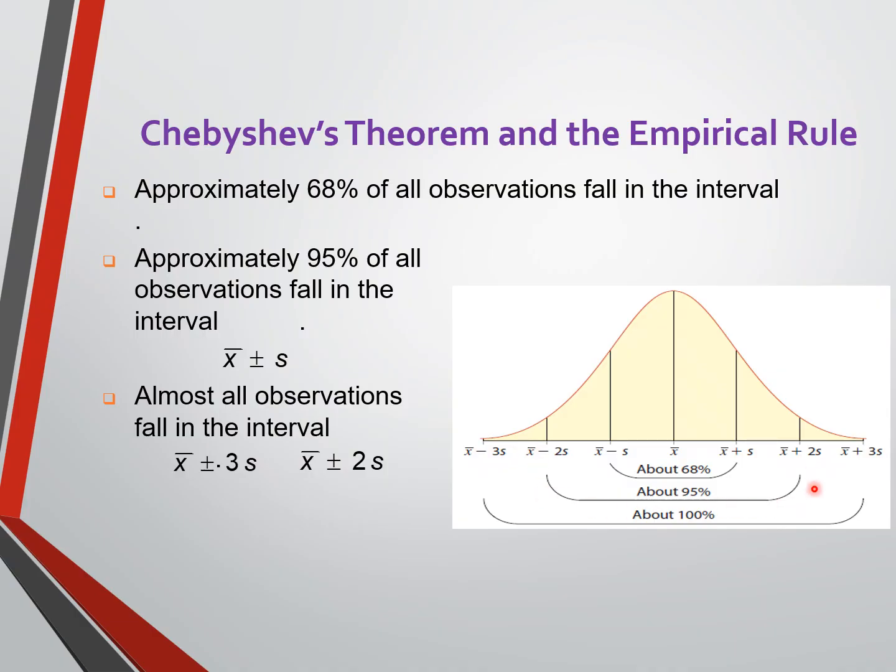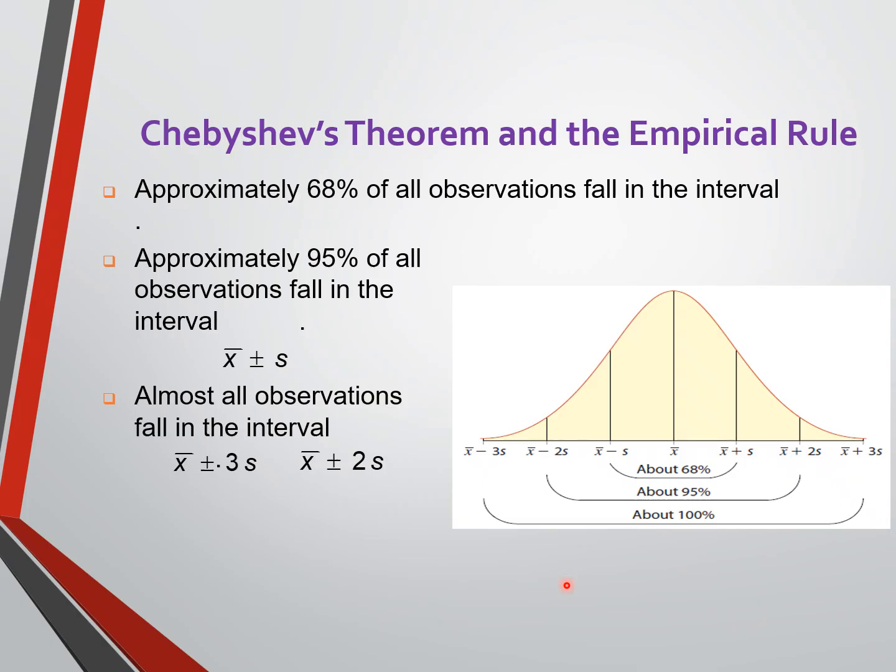So x bar plus minus 2 standard deviation. When I say the portion x bar minus 2 standard deviation to x bar minus 3 standard deviation, it is the left-hand side, and this side is known as the right-hand parameters. This is going to be one of the bases for properly cleaning the data, so that data on either side is removed.